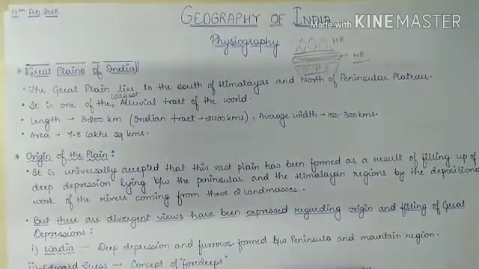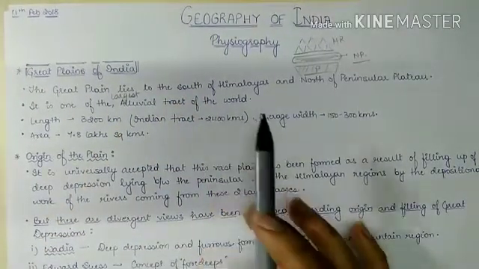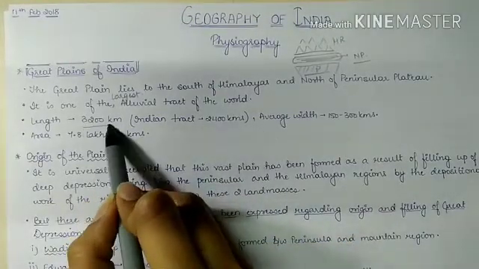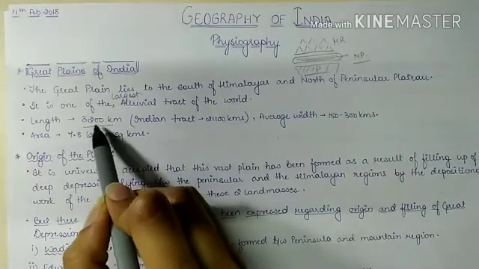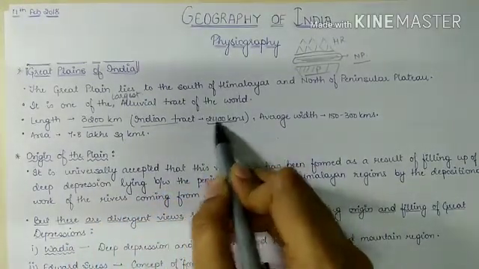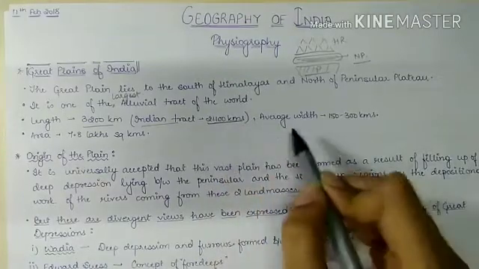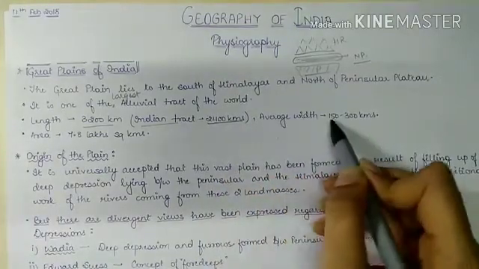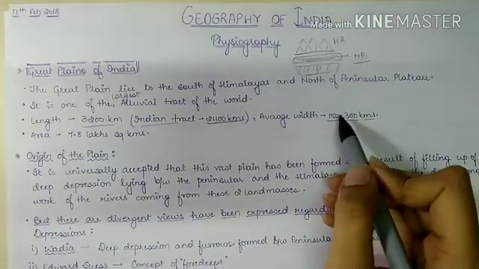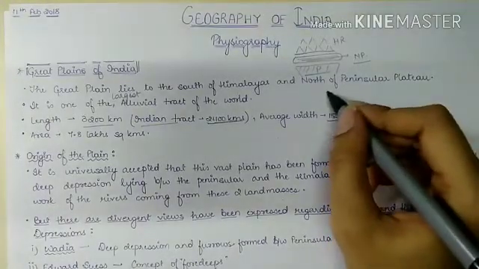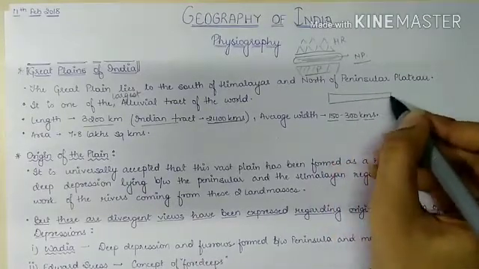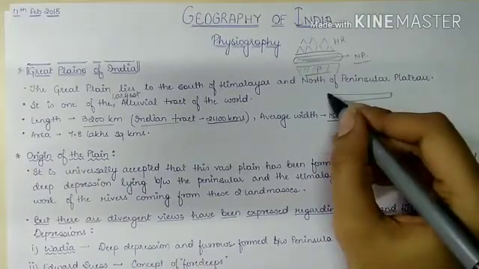So it is the largest alluvial tract of the world. Its length is about 3,200 kilometers, and the Indian tract is about 2,400 kilometers. Its average width is 150 to 300 kilometers. As we go from west to east, the width becomes narrower.